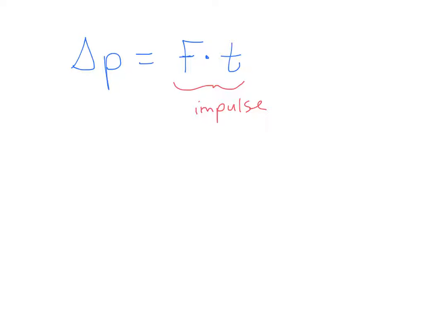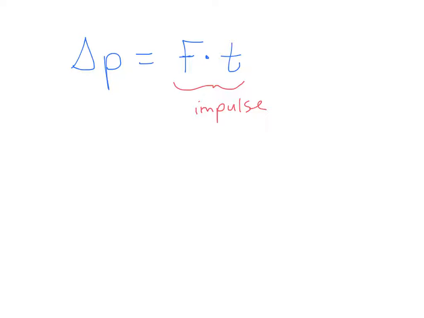So it's moving again, 4 kilograms at 3 meters per second this way. It hits the surface and bounces off the surface, moving now at negative 5 meters per second. Determine the impulse on the object.